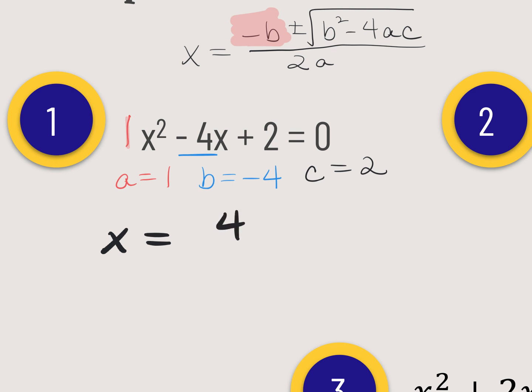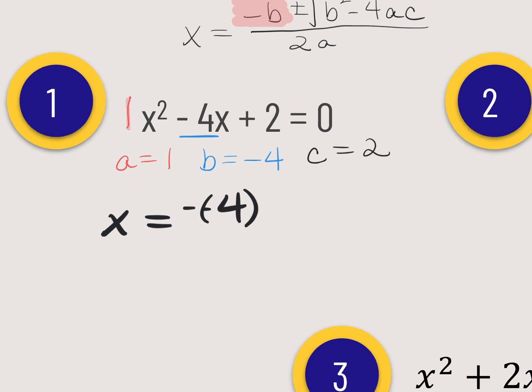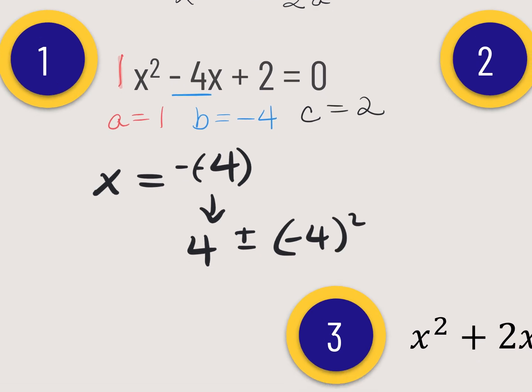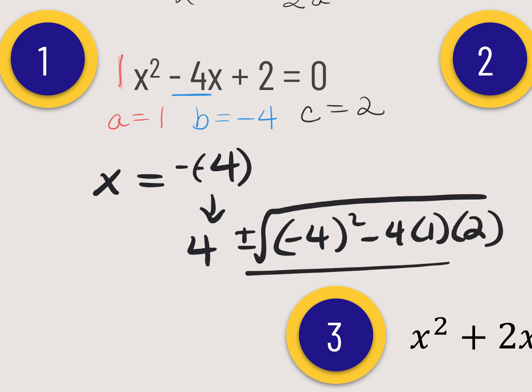Really what went in here is a negative 4, and that's why it turns into a positive 4. Or again, you can think of it as the opposite of B. Then plus or minus the square root of B squared, so B is negative 4 squared, minus 4 times A times C, divided by 2 times A.